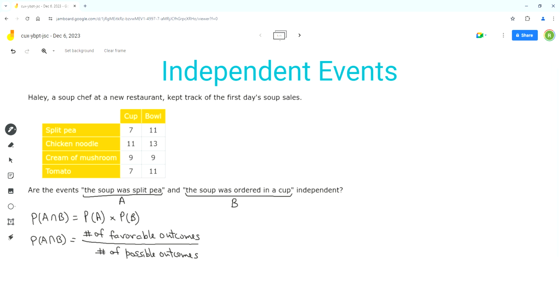When we select a soup, the number of possible outcomes will be the total of the two column sums given in the data set.